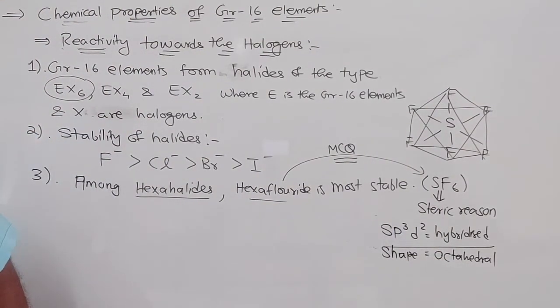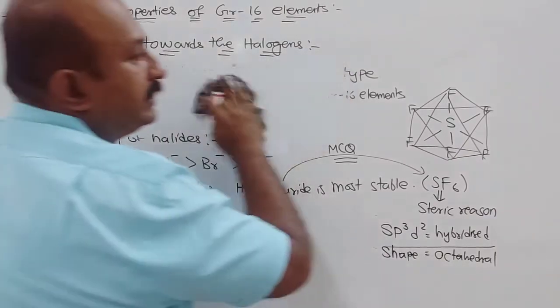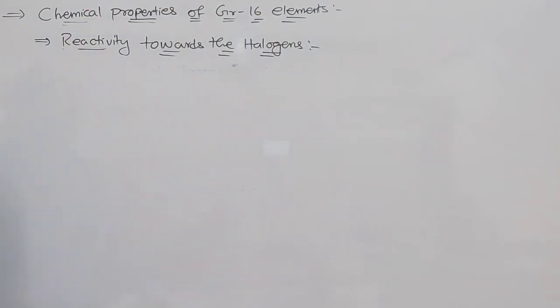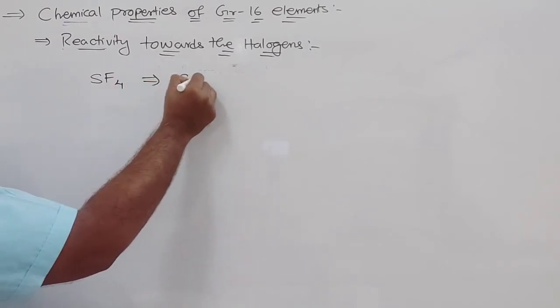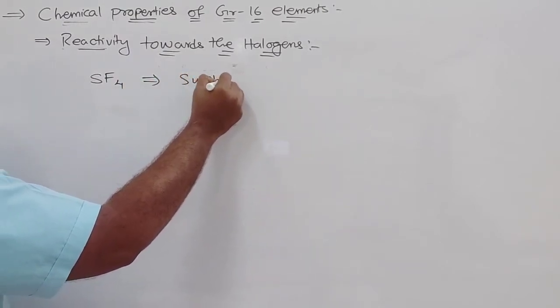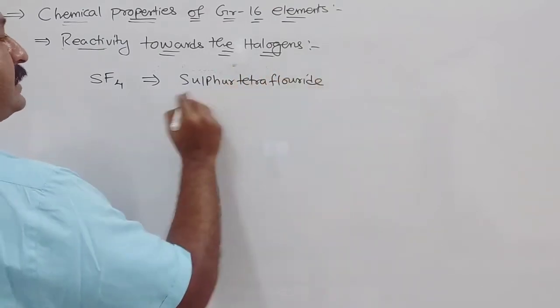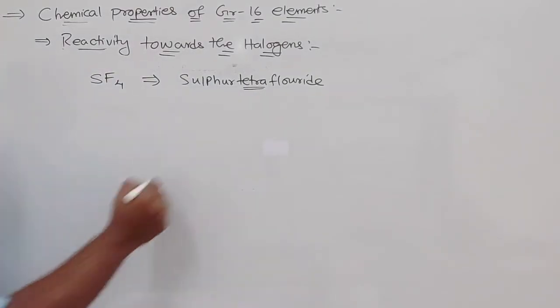Then they have also discussed the SF4 type, sulfur tetrafluoride. Let me rub this part; you can write it down later. When we talk about the SF4 type, that is sulfur tetrafluoride, the word tetra is for 4 fluorines.